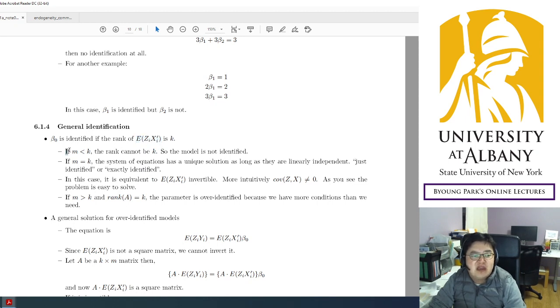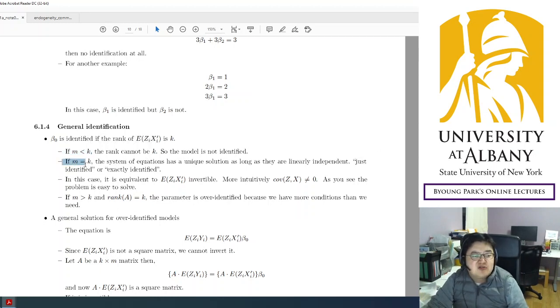And first, if the number of instruments is strictly smaller than the number of endogenous variables, then that's the end of the game. Then game over. You cannot identify. So maybe you may study a little more what is still identified. Some of beta may be identified and some are not. But anyhow, in this case, you cannot identify all of beta.